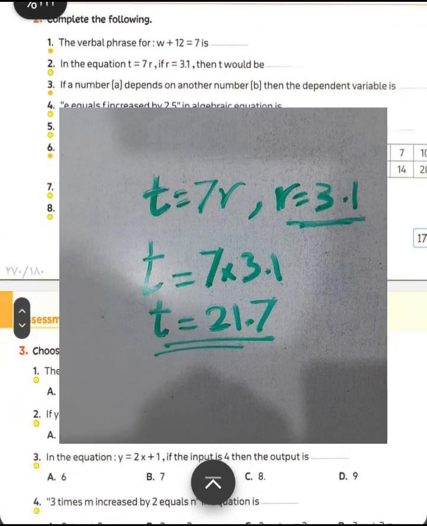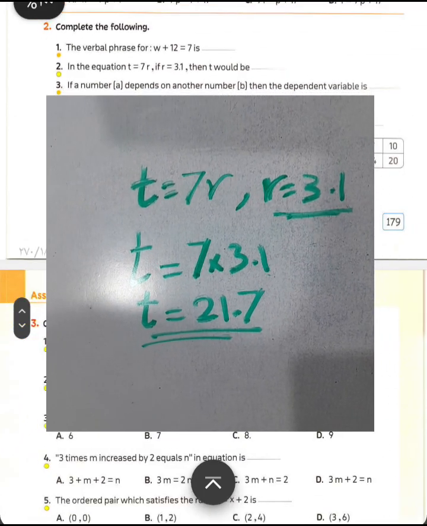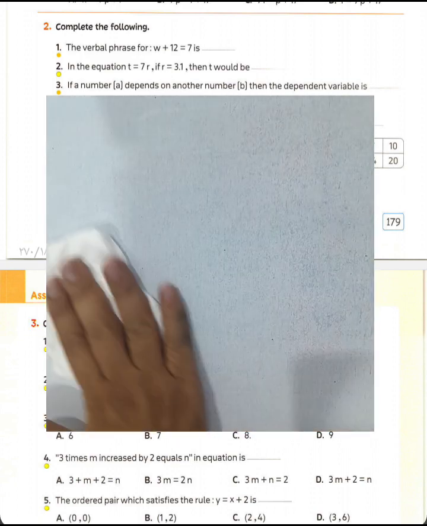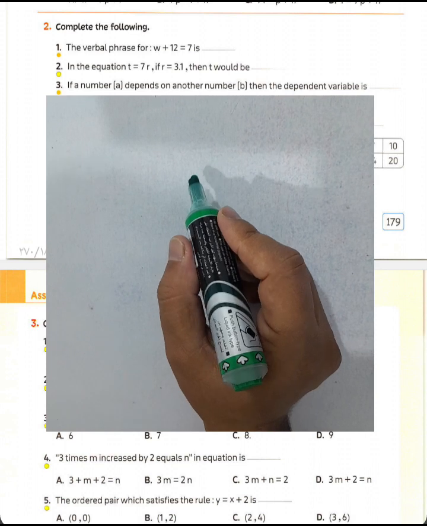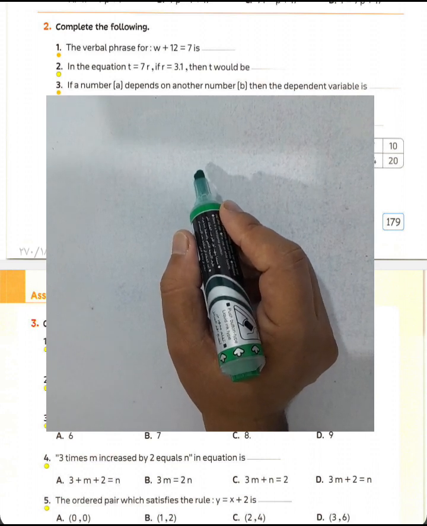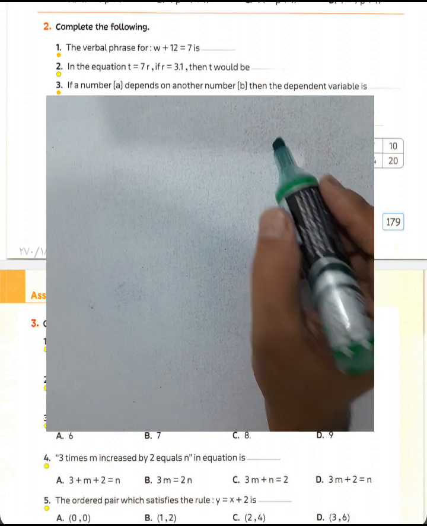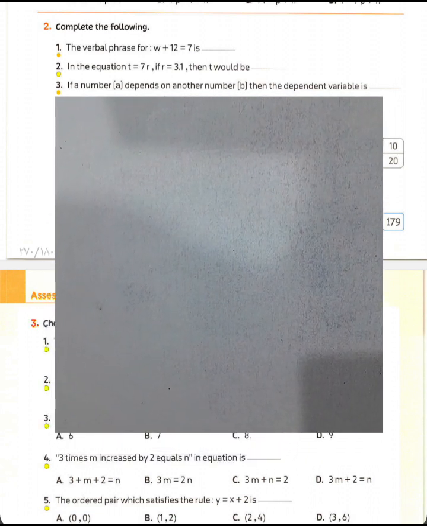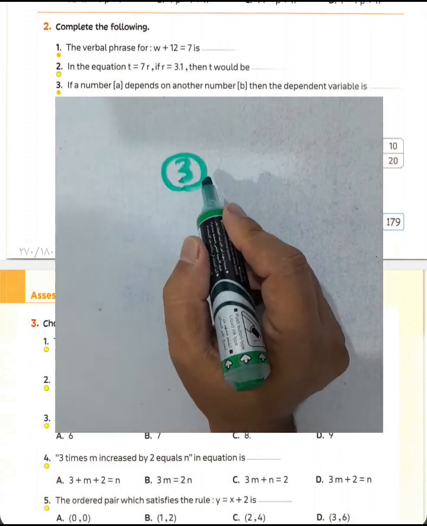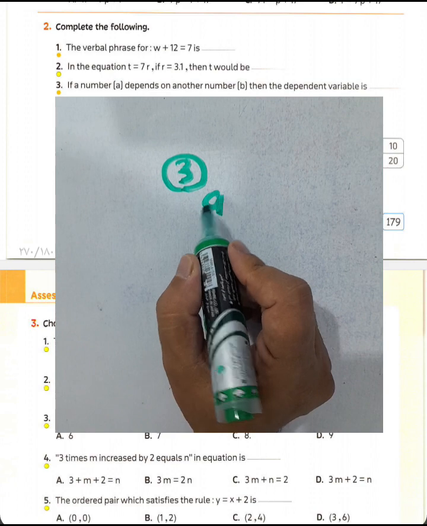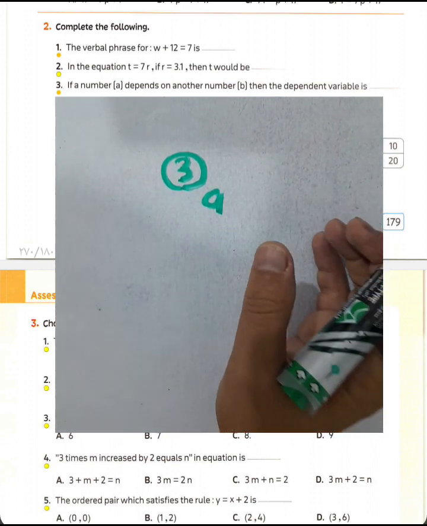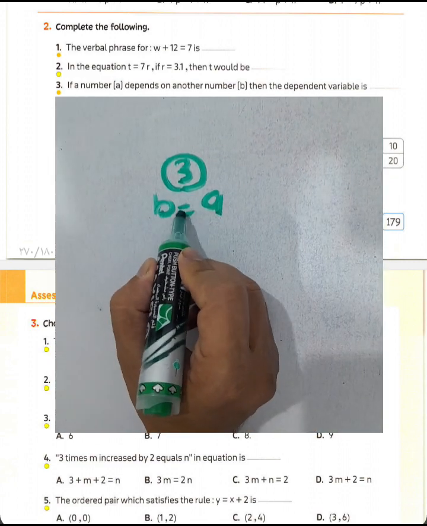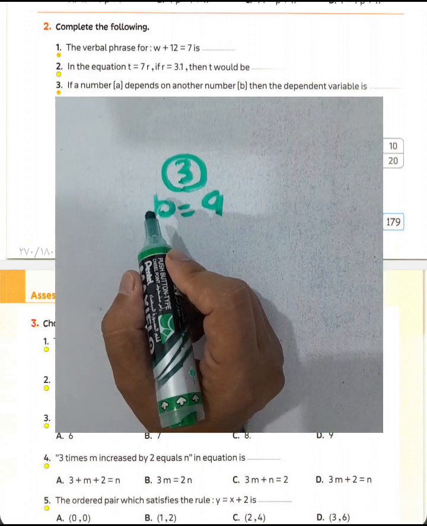Question number 3. If a number A depends on another number B, then the dependent variable is what? He wants to find the dependent.